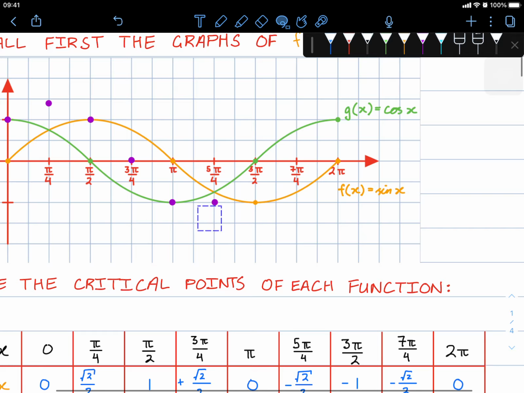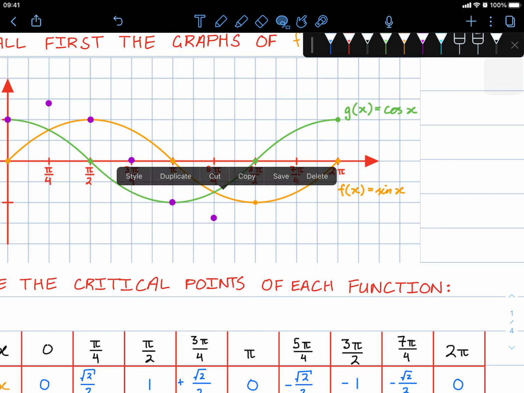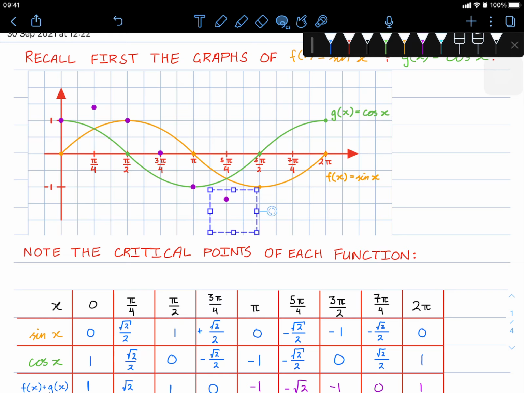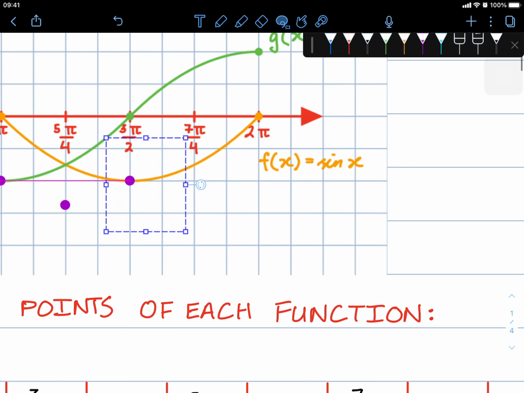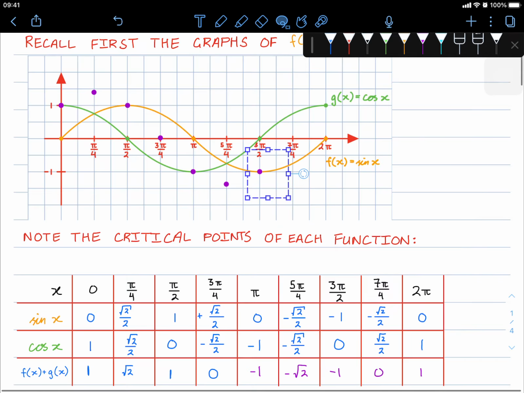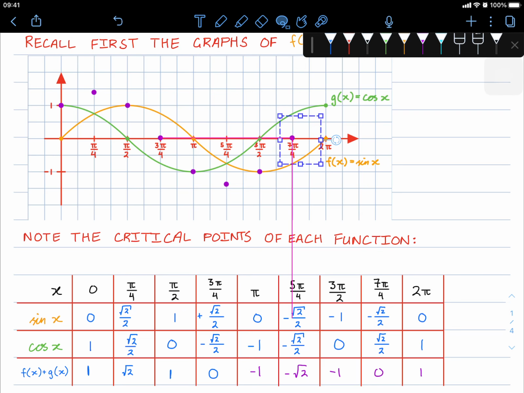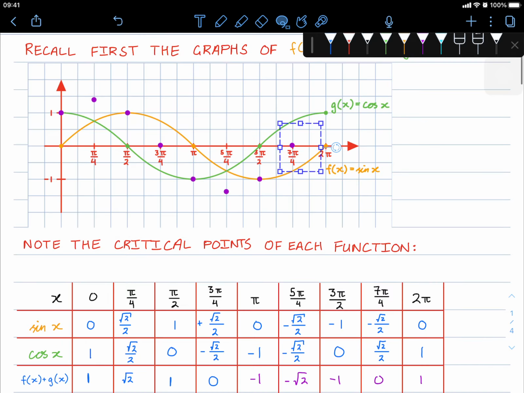Remember, square root 2 is approximately 1.4. So around about there. And then from there, it's at negative 1. Try and make it a little bit more lined up. There we go. Then 7 pi on 4 is back to 0. Like so. And then at 2 pi, it's back to 1.